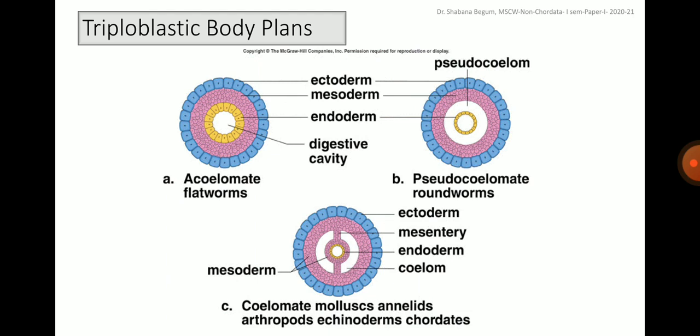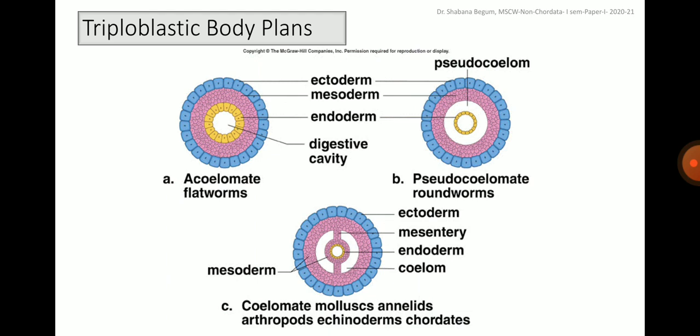While in case of pseudocoelomate conditions seen in roundworms, you can find here the outer covering of ectoderm, middle mesoderm and the inner yellow colored cells of endoderm. But here the coelom is not lined by the epithelium derived from mesoderm. Hence, it is a pseudocoel or false coelom. In case of coelomates such as mollusks, annelids, etc., the condition is a little different.